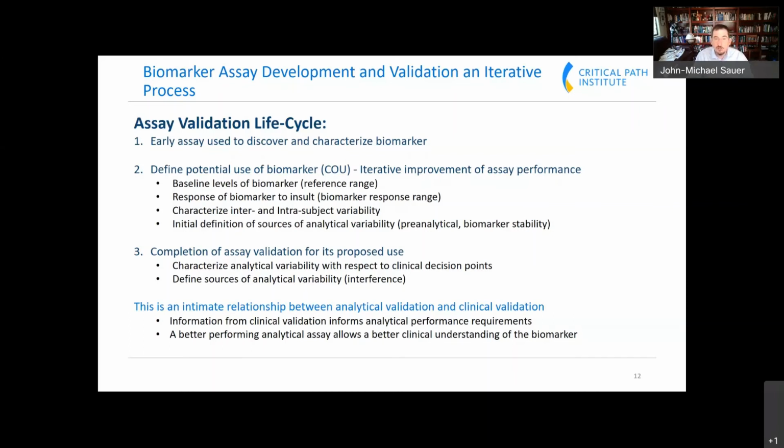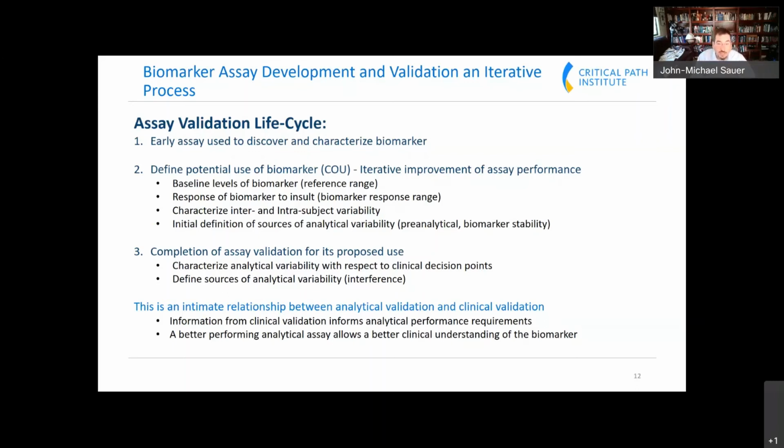And then we also begin to understand things around the assay, such as how the samples need to be prepared or treated pre-analytically, whether the biomarker is stable or not in the given fluid that we're looking at. And so all this data really helps us then optimize that assay, right?